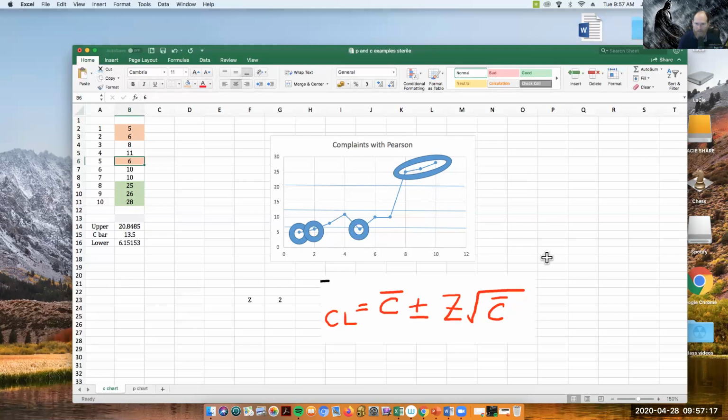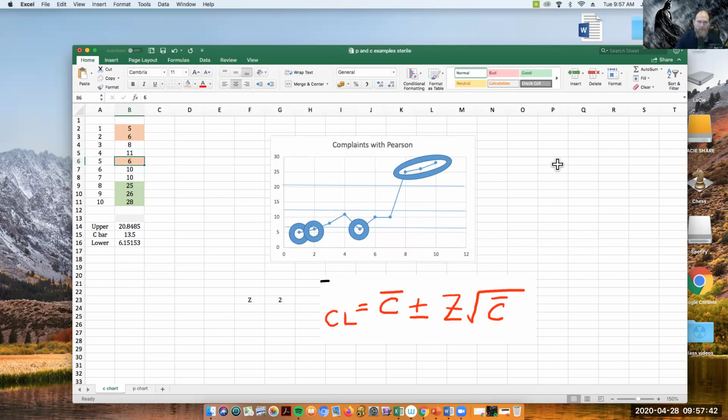Maybe there's some kind of ghost in the machine with Pearson. All those kinds of things are assignable variation. And then these points that aren't circled, those 2 right there, days 3 and 4, and then days 6 and 7, that's normal variation.